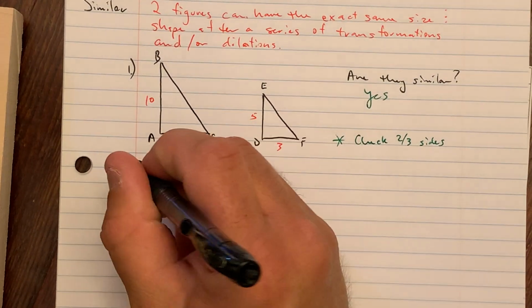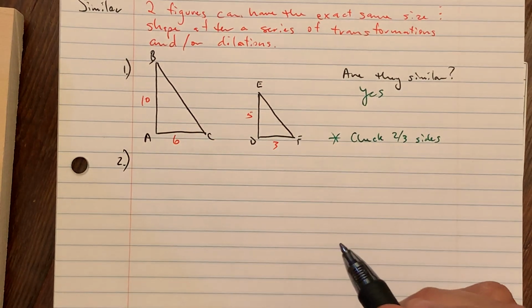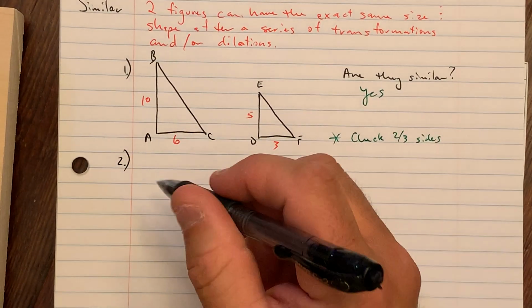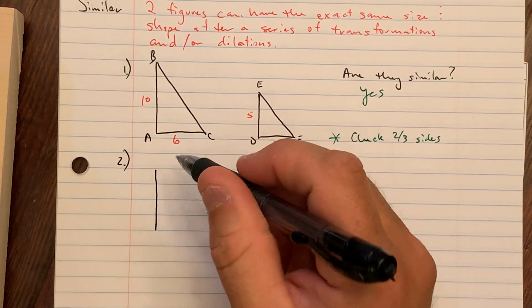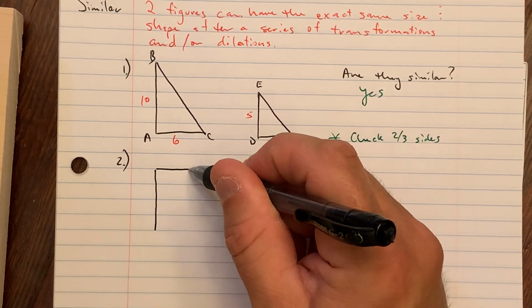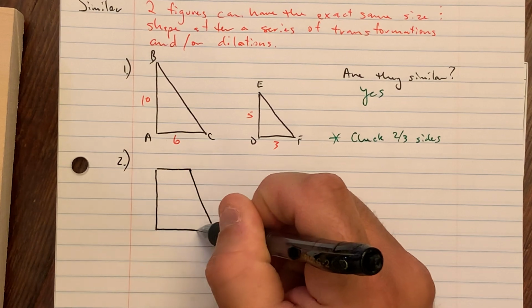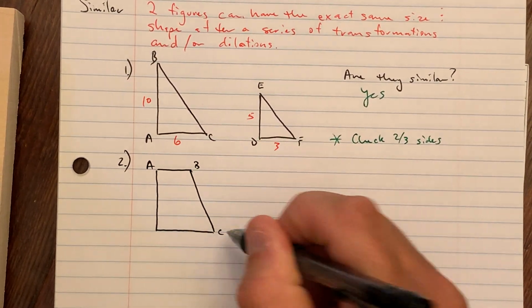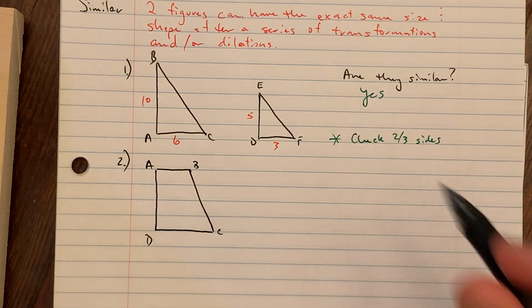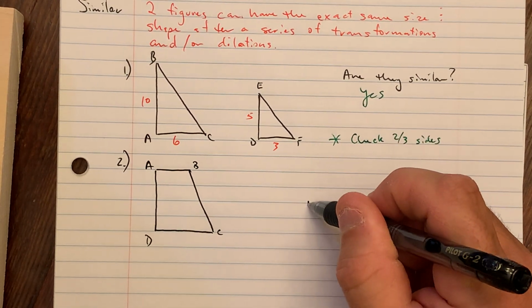Example 2. I'll give you a funky little quadrilateral here. We'll call this quadrilateral A, B, C, D. And then I have this one over here.